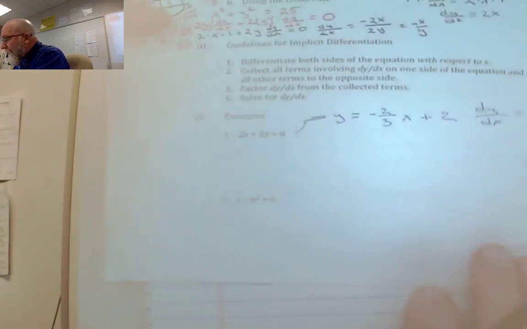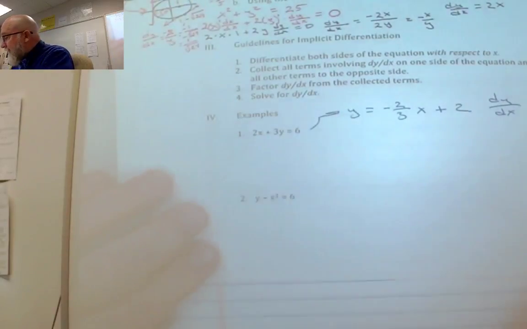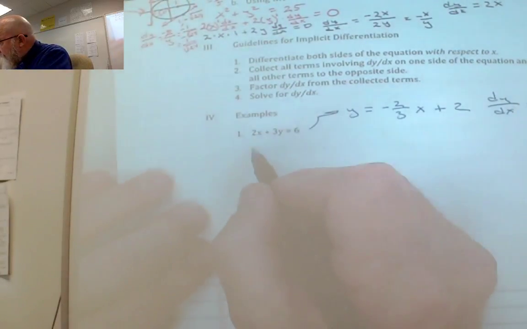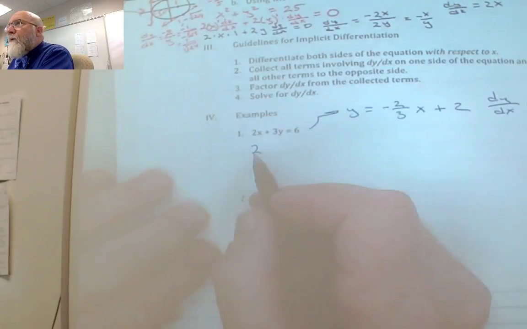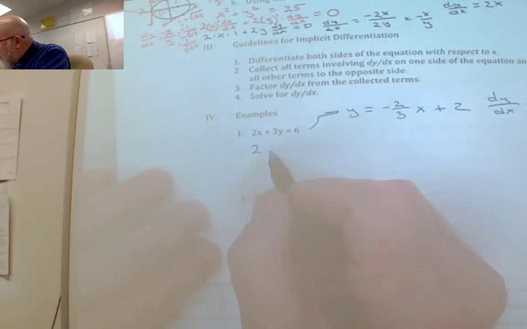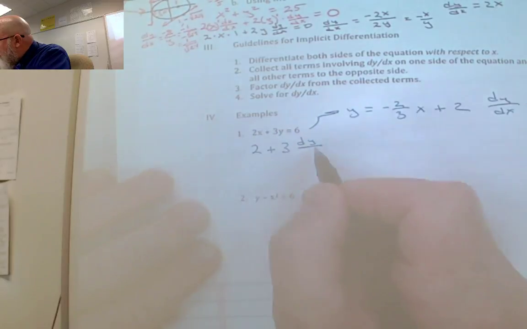But if I do implicit differentiation, I should get that same answer. I'm going to get 2. Do you want me to write dx over dx? Are we okay where it's going to be 1 anyway? We're okay with that? So then I'm going to get plus 3 times dy/dx.